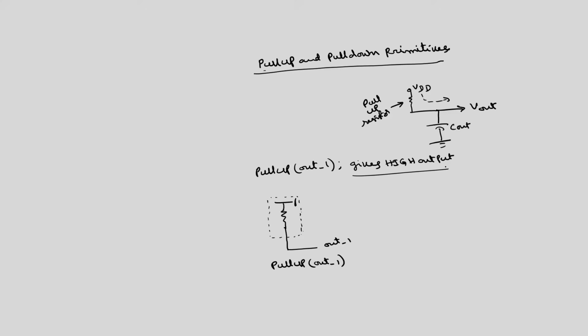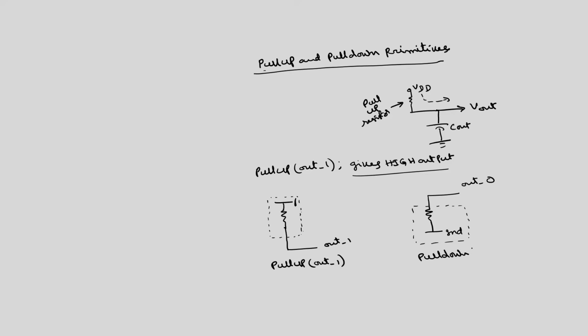output. Okay. Similarly, we have pull down out, which will be something like, if we take output here and if you have resistance and if I connect to ground, this if I take as a black box, this will be out 0.